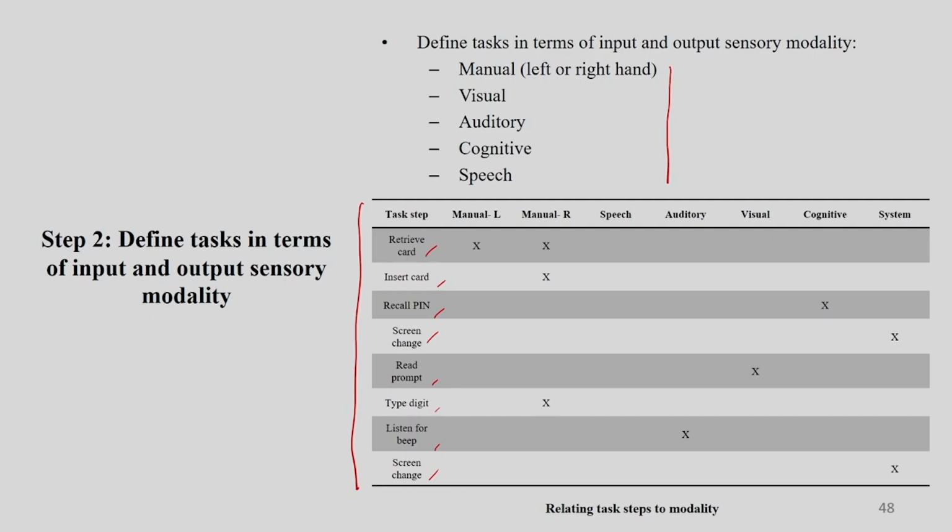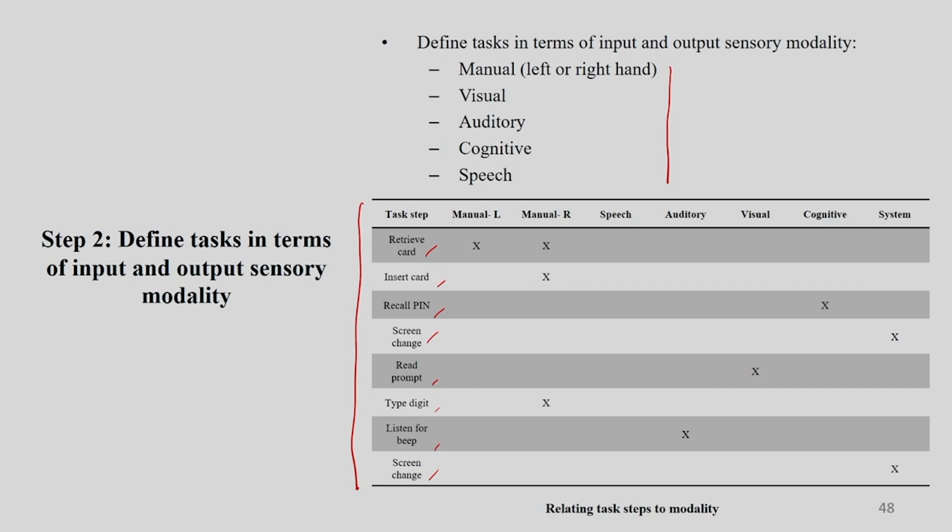So here there is some kind of manual activity when you are retrieving the card, using either your left hand or right hand or both hands. Then you may have some visuals, through vision you are getting responses, also auditory, then cognitive, and then speech.